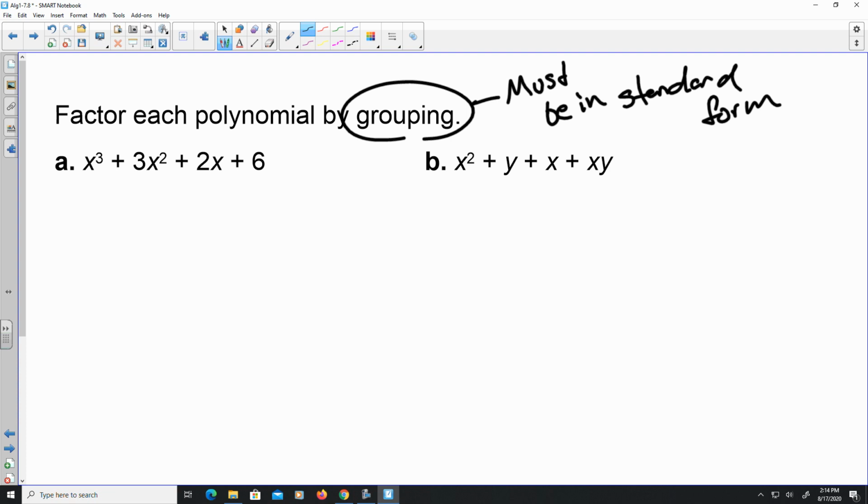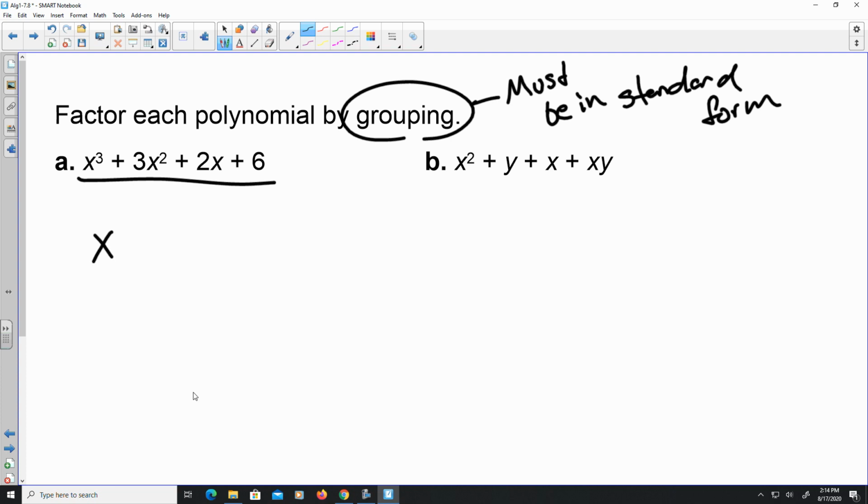Okay, so from there, I always say whether it's in standard form or not, especially when it comes to grouping, rewrite it.